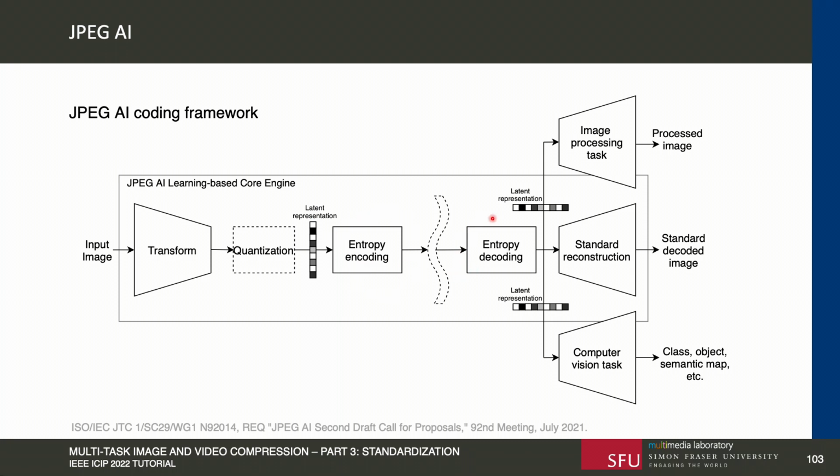And on the decoder side, after entropy decoding, we have multiple options for the decoders. The central branch performs the standard task, reconstructing the input image. The top branch is for various image processing tasks, and the bottom branch for computer vision tasks.